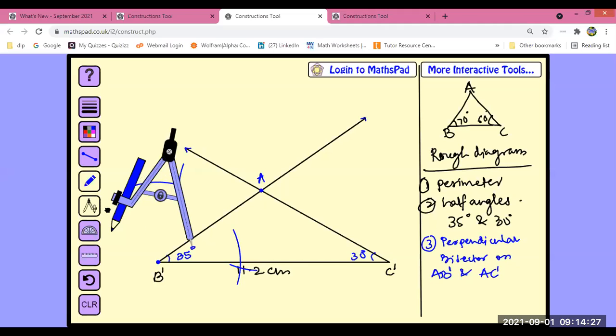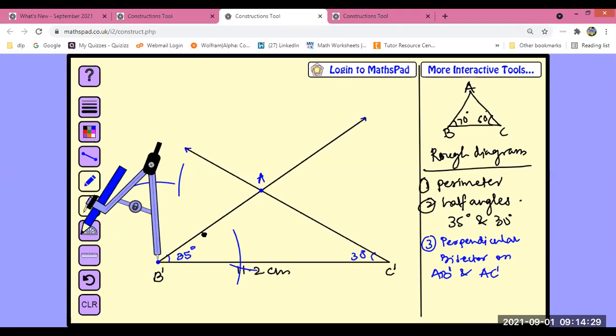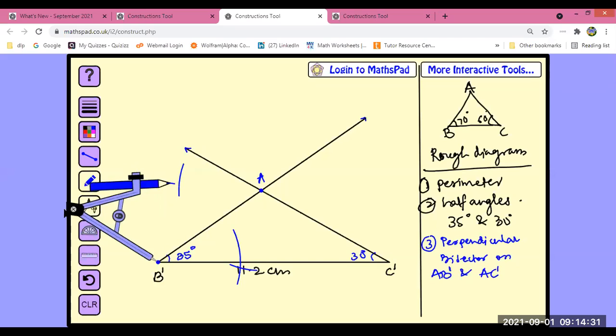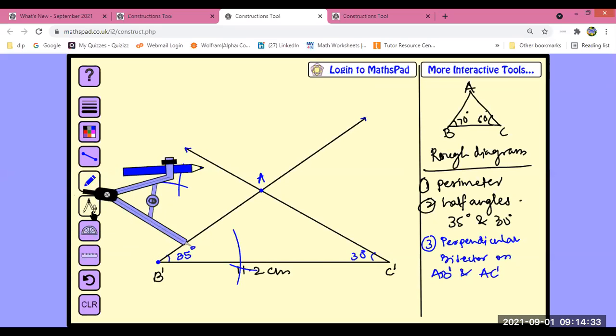You can place the steel point back on B dash and now try to cross it out. So this way we got 2 points. Joining the 2 points and extending it downwards, you see that the perpendicular bisector meets the base at a point, and that is one of our vertices. Okay, maybe you can just join and extend towards the base like this.